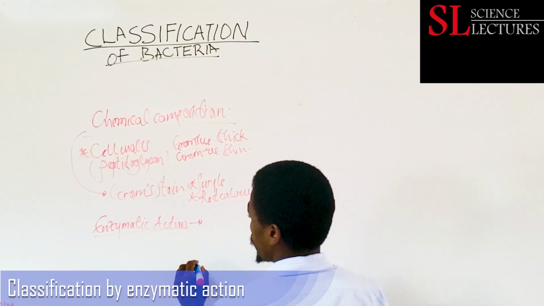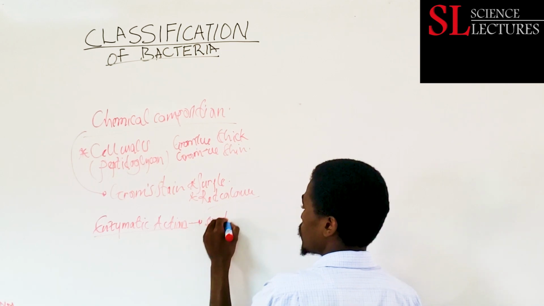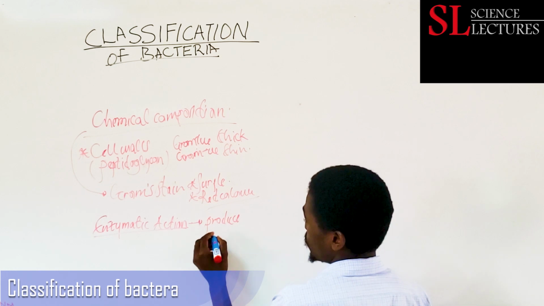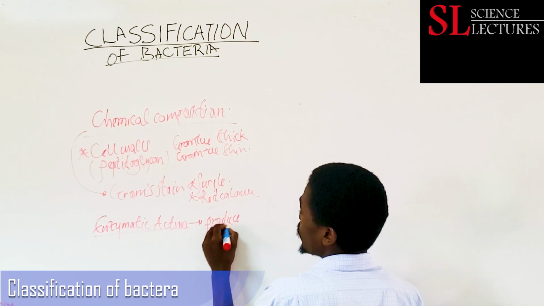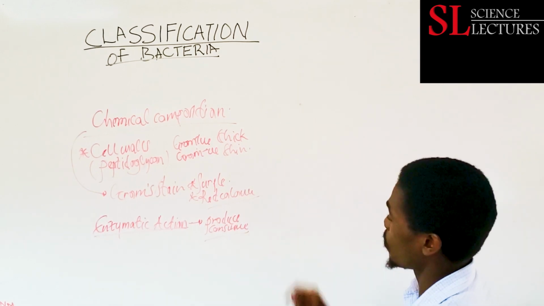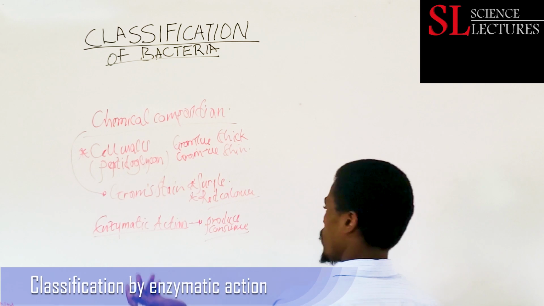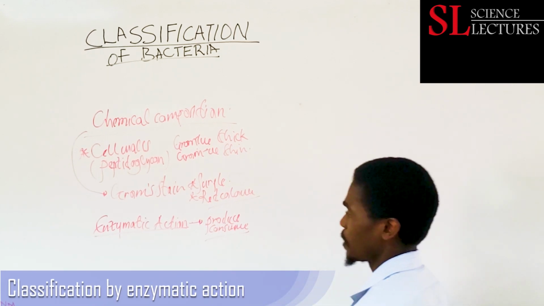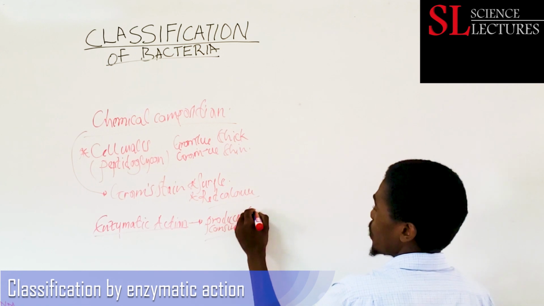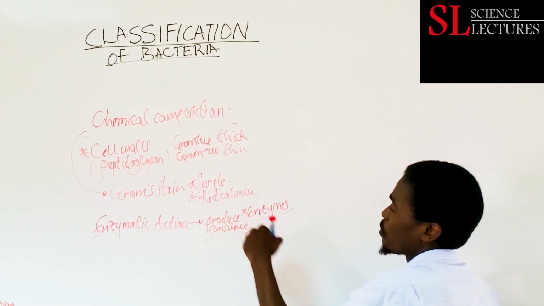This enzymatic action, we look at it basing on what bacteria are capable of producing, what they consume or degrade and how they degrade it. Certain bacteria degrade different substances basing on the enzymatic action. Which enzymes do they have, and how do these enzymes do their roles, and what role do they do?